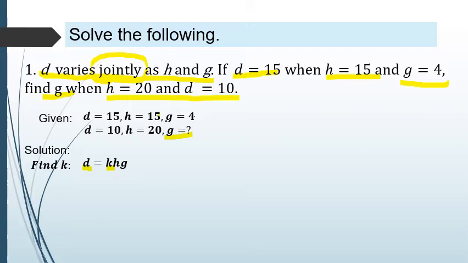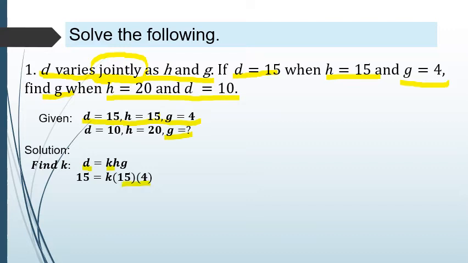So, para makuha ang value ng K, i-substitute natin itong unang given sa equation. Ang D gagawing 15, ang H gagawing 15, ang G gagawing 4. Magkakaroon tayo ng 15 equals K times 15 times 4.